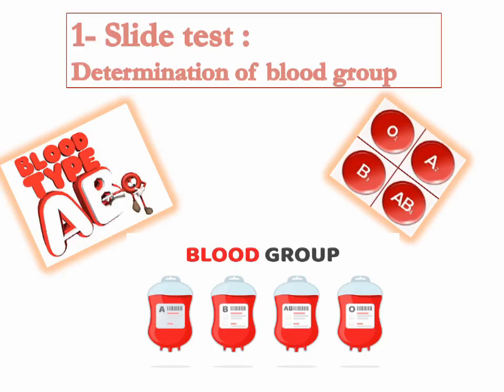But the two most important systems are called the ABO system, and this is the most important system, and after the ABO system comes the Rh system, and this is the second most important system for determining your blood group. So let's start with the ABO system.